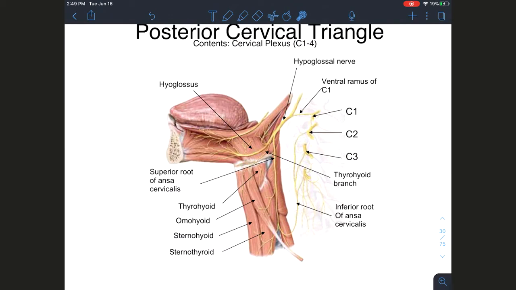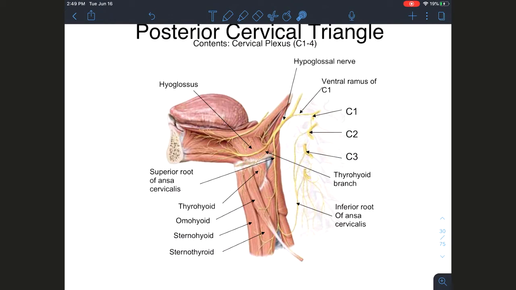But I guess you guys don't have physical labs. But if you have a picture and you're wondering what nerve this is, know that it's going to be just posterior to it, and then look for that loop. That loop is pretty characteristic of the ansa cervicalis. So anytime you see a nerve that has that big loop, and is coming off of the cervical plexus, you know that's going to be your ansa cervicalis.